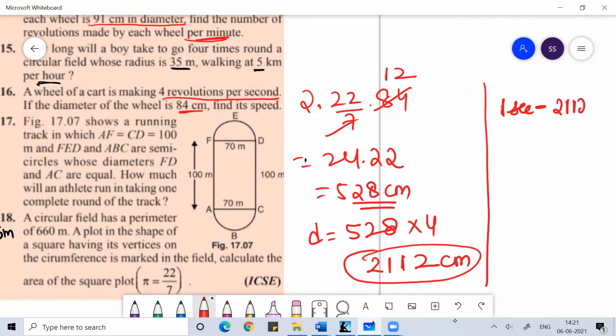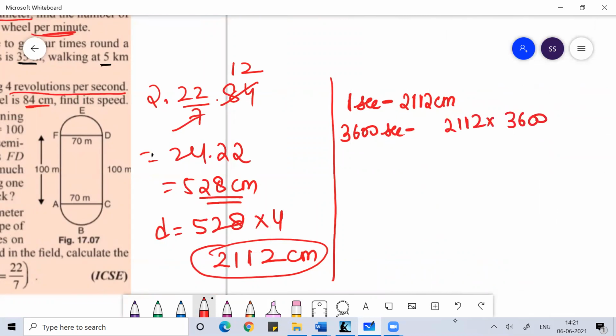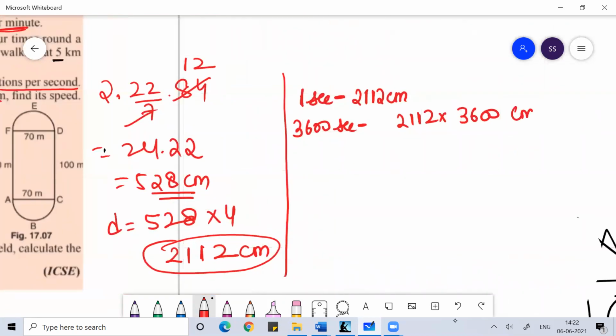If I want it in 1 hour, 1 hour means 3600 seconds. How many centimeters will it cover? That will be 2112 into 3600. You'll get this in centimeters.